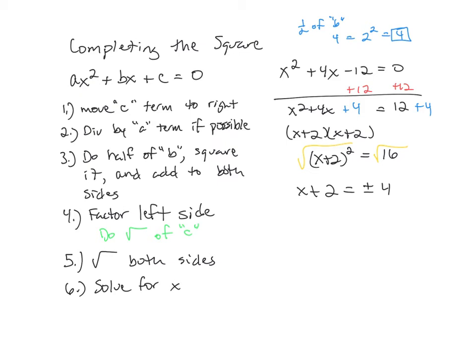When we go to solve, we would do minus 2 to both sides. But we have positive and negative 4, so we'd want to do positive 4 minus 2 and negative 4 minus 2. So positive 4 minus 2 would be positive 2, and negative 4 minus 2 would be negative 6.